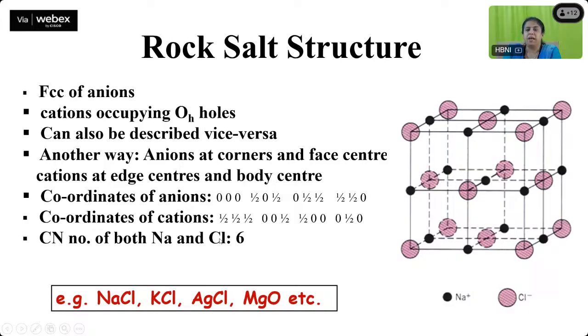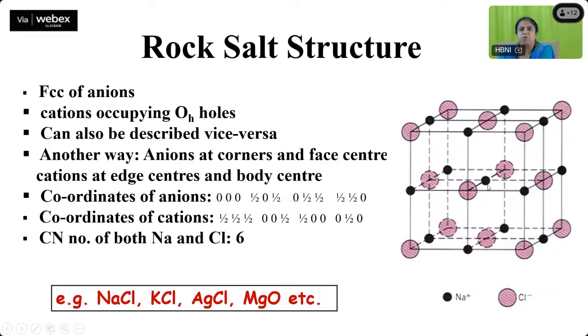Okay. What I want you to now visualize with me is I say that the coordination number of sodium and chlorine is both 6. What is the coordination number, first to start with? If you don't know what a coordination number is, it is how many atoms are surrounding the atom of my interest.